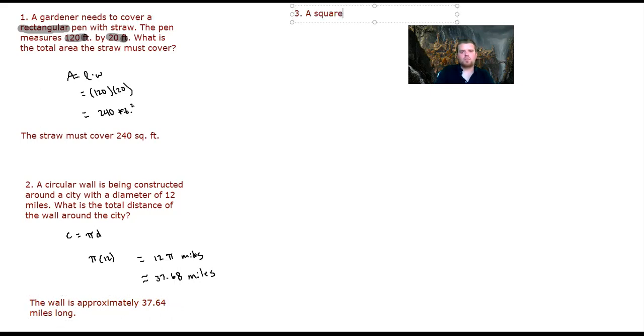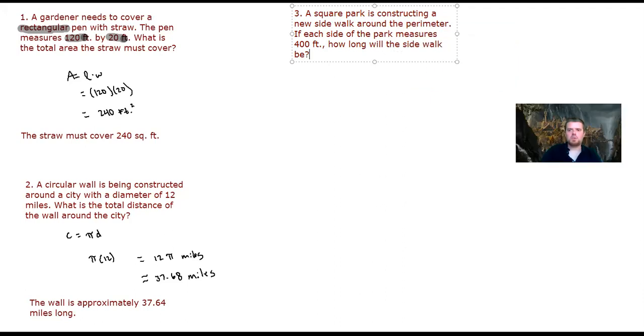Number 3, a square park is constructing a new sidewalk around the perimeter. Each side of the park measures 400 feet. How long will the sidewalk be? Again, just a lot of filler. We're looking for what shape is it and what formula do I need?